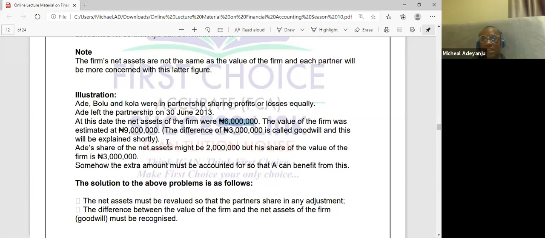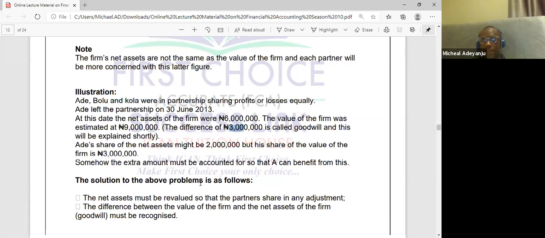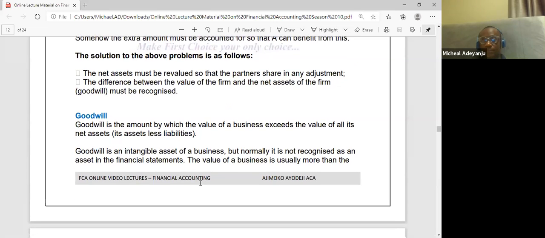And Ade's share in net assets is 2 million naira already. So with the existing net assets of 2 million naira, Ade should be entitled to 1 million naira as extra amount.